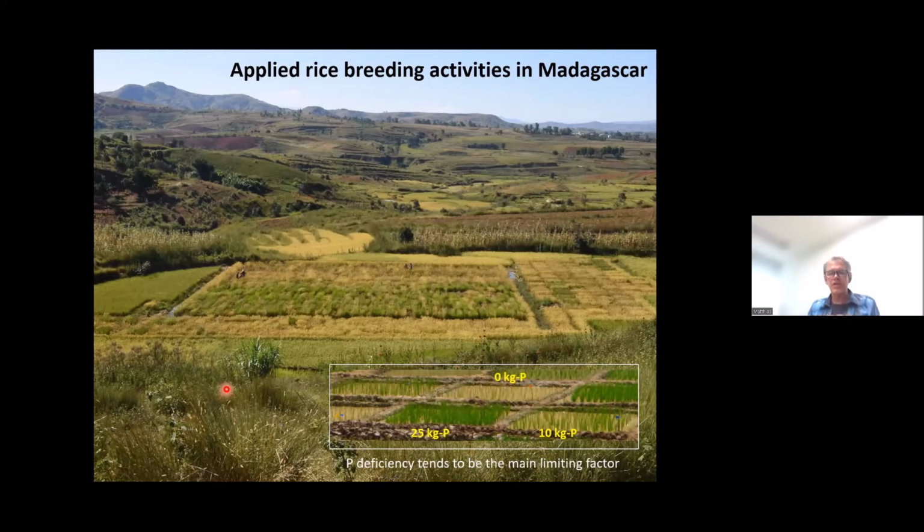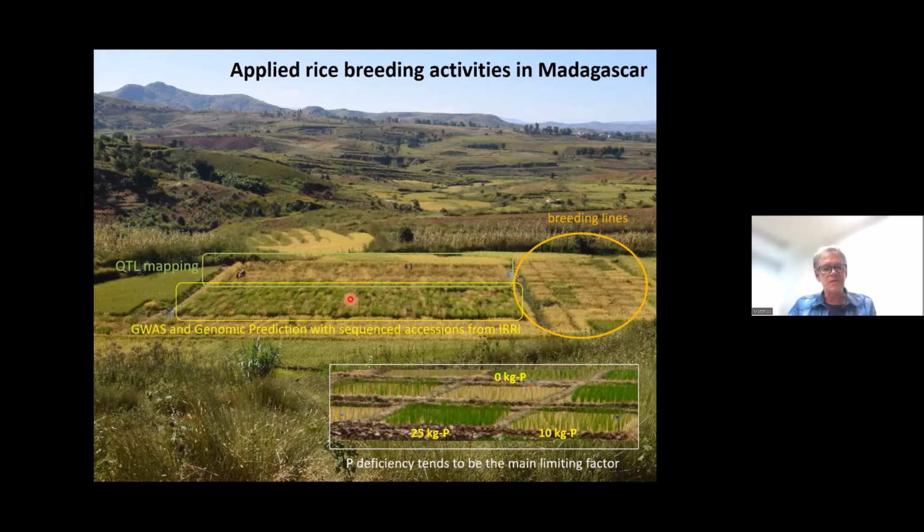So in order to achieve something with our breeding work, I made a decision early on that we do all our selection and all our experiments in farmers' fields under these low input conditions. And that is what you can see here. Rather than going to a research station where conditions are typically quite a bit better than average in the country, we focus on these farmers and do our experiments under low input conditions there.